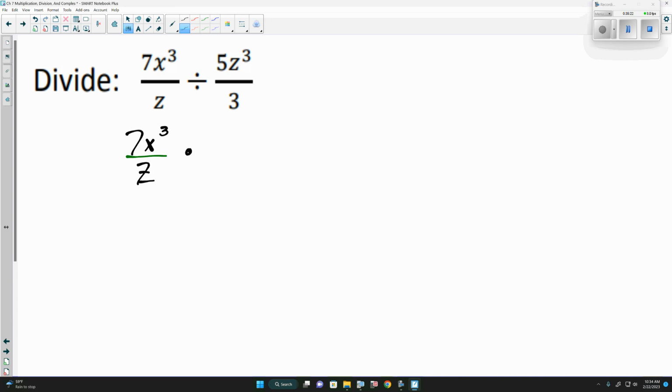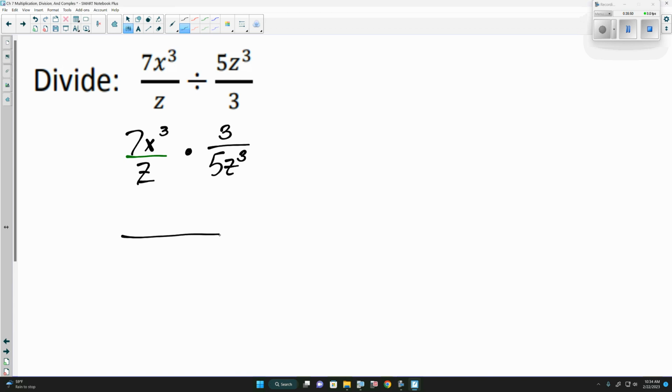We change it from division to multiplication and then flip the second rational expression. And after we do this here, we treat it just like multiplication.